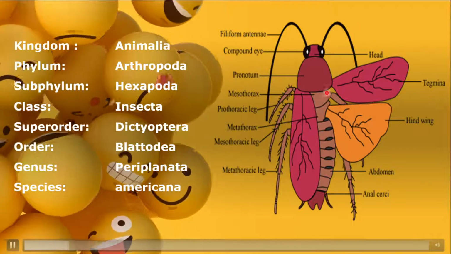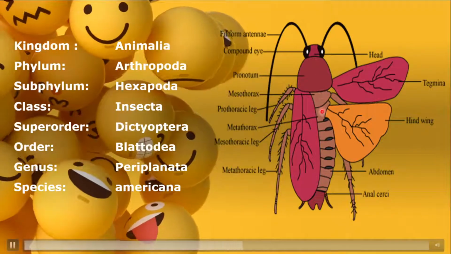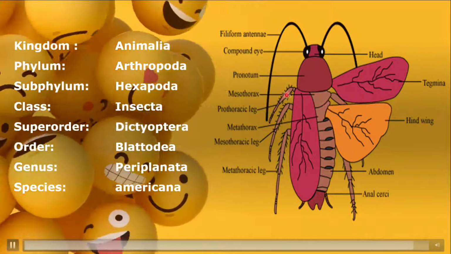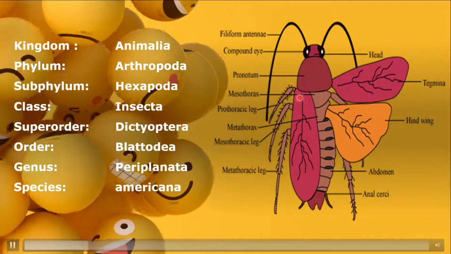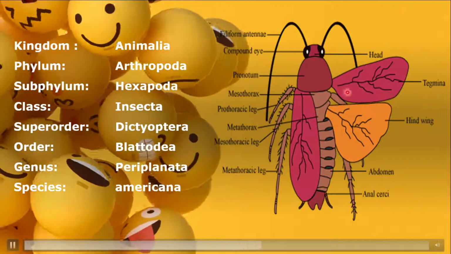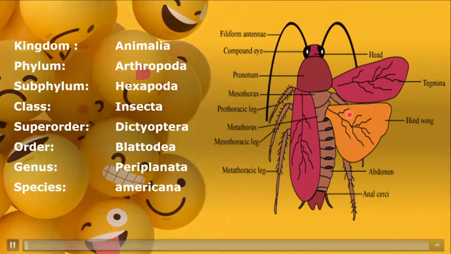The second part is thorax, which is made up of three segments: prothorax, mesothorax, and metathorax. All the three segments show a pair of legs. That means cockroach has three pairs of legs present in the thoracic region, and two pairs of wings, which are forewings and hind wings.